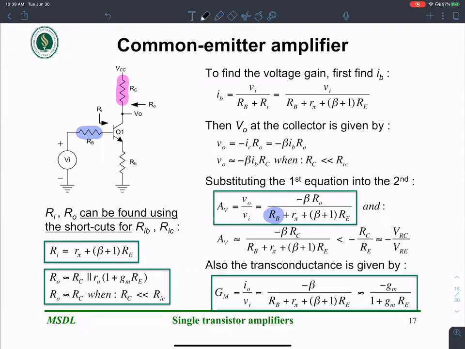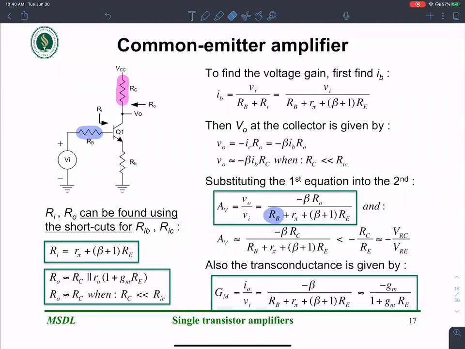Yes. So all of this is R looking into the base. RIB plus RB will give you RI. That's a good question. That's a good point. Thank you for pointing that out.